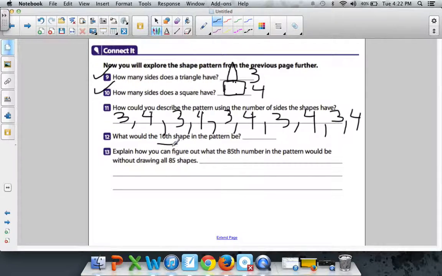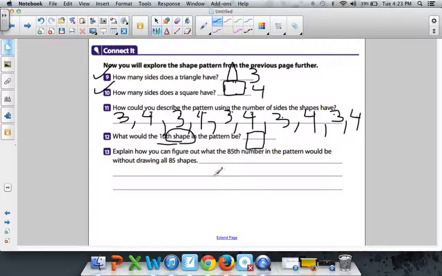So let's just make sure that we got 10. 1, 2, 3, 4, 5, 6, 7, 8, 9, and 10. So what would the 10th shape be? Well, we can't put 4 because that's not a shape. But what shape does that number represent? 4 is how many sides it has, and that would be a square.